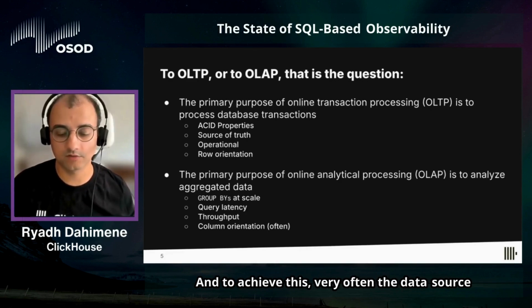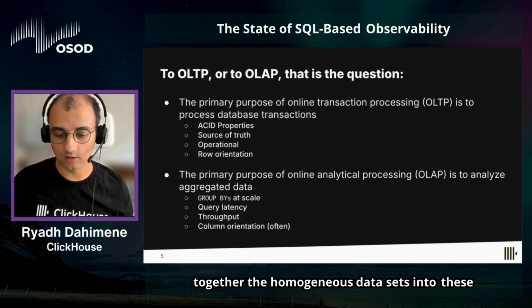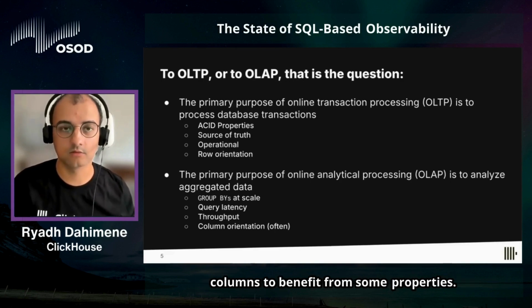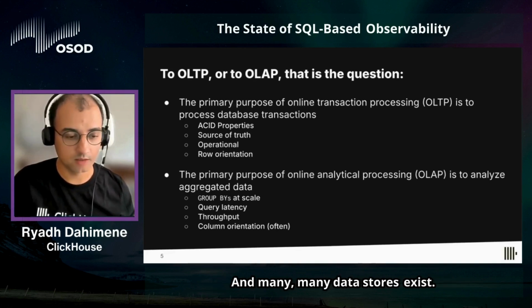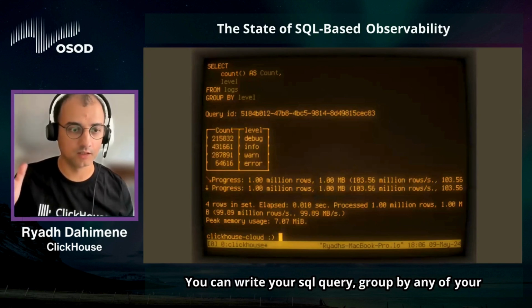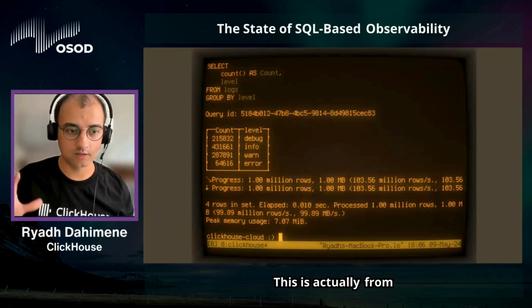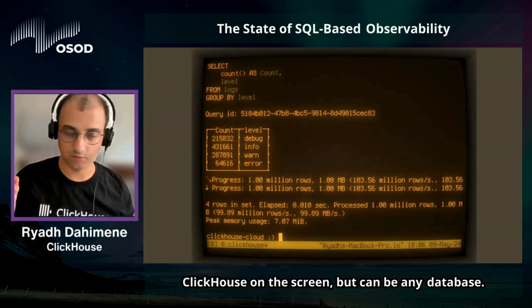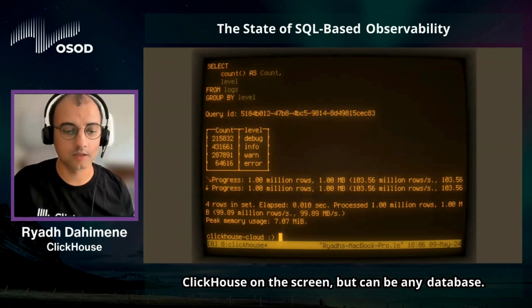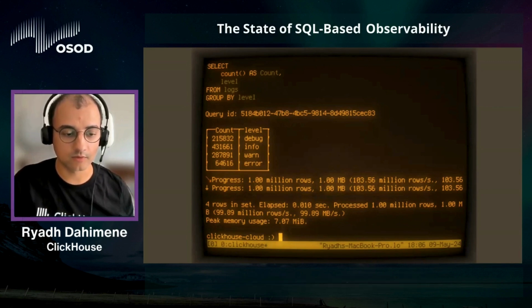To achieve this, very often the data store needs to represent data by columns, grouping together homogeneous data sets into these columns to benefit from some properties. Many data stores exist. You can write your SQL query, group by any of your fields, and get your result. This is actually from ClickHouse on the screen, but it can be any database. And that's basically the SQL story.